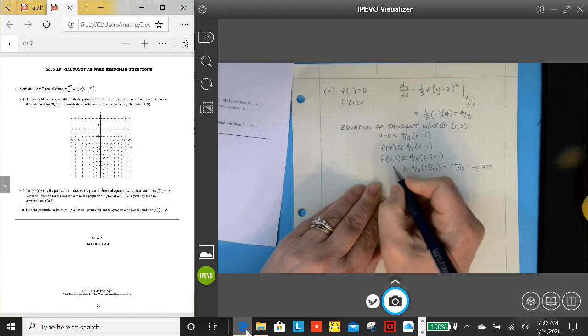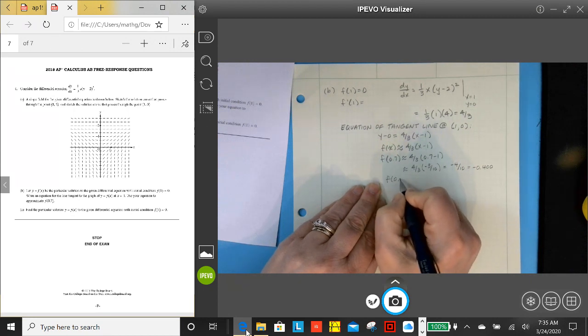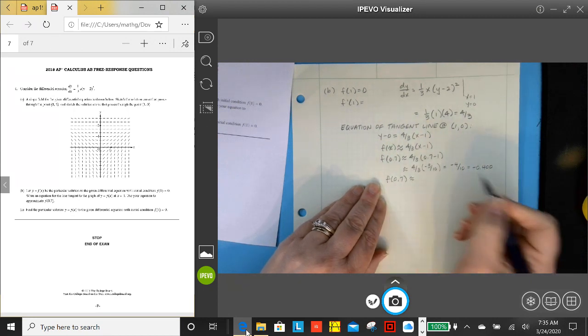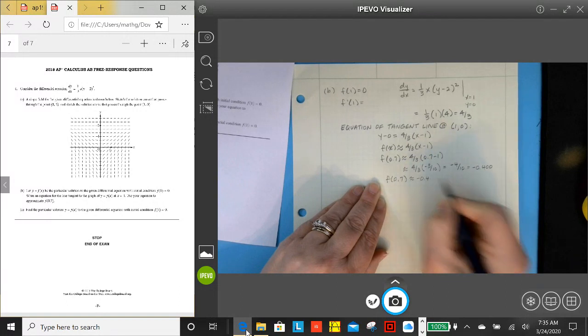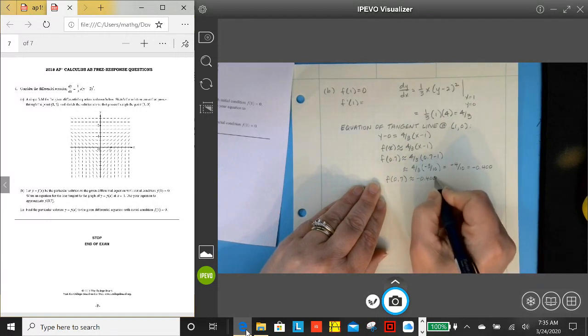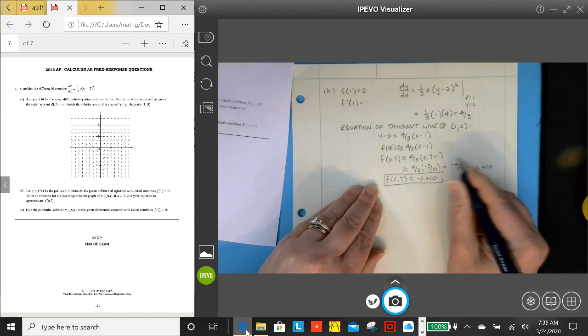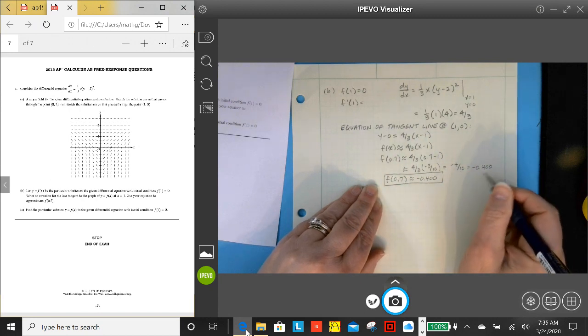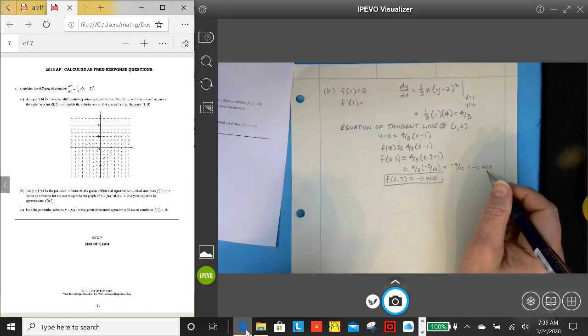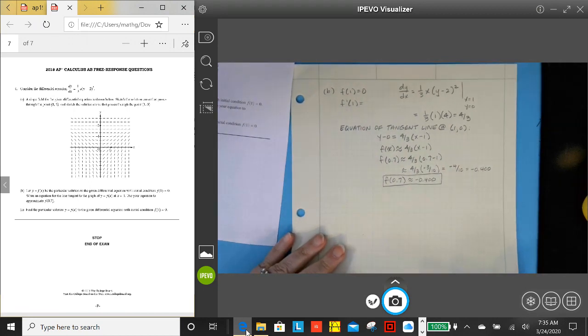Okay, so that would be my approximation for f(0.7). And you could have left your answer just like this or this, but if you have a decimal, you should have how many decimal places? 3. All right, so part B wasn't too bad.